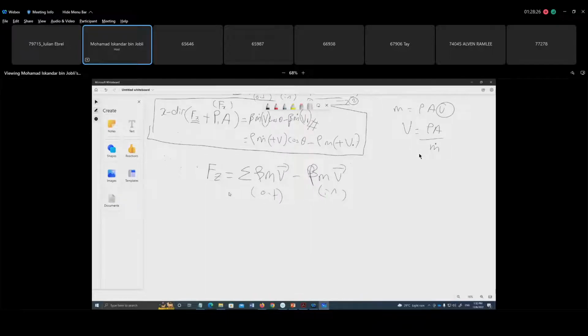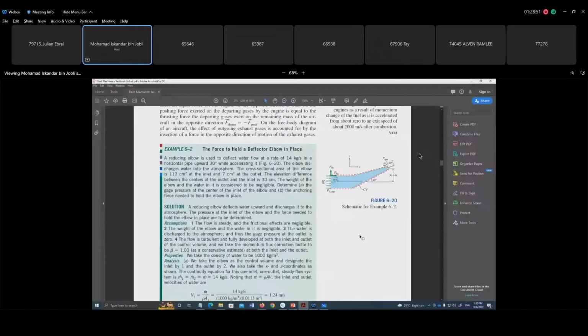For the Z direction, for the outlet you have rho m positive V sine theta. For the inlet, what's the inlet? At point 2 you have the V sine theta. There's no pressure at point number 2, right?